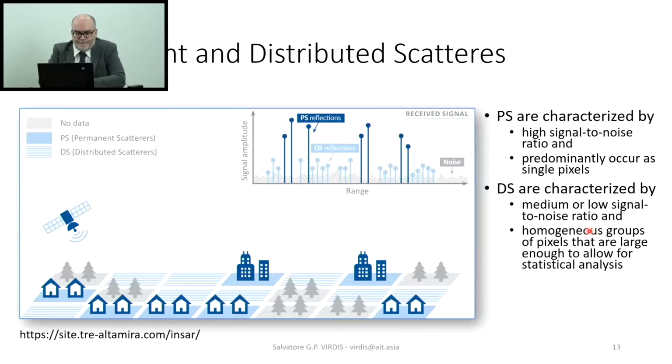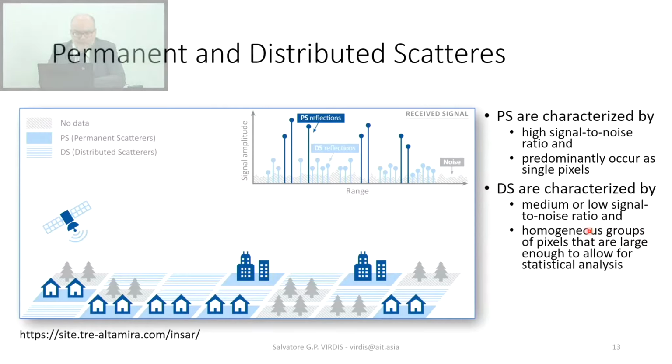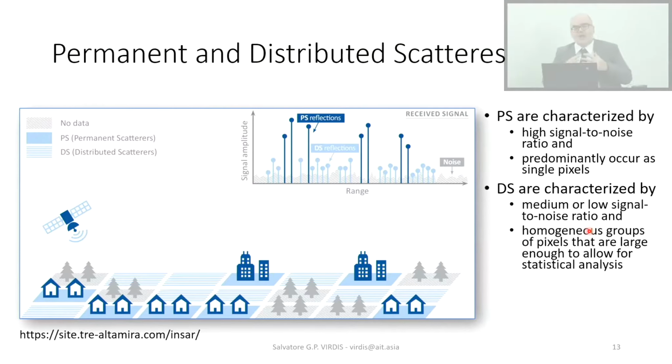So these techniques evolved in time. Before, the PSI technique worked well on persistent scatterers, then it evolved, and now we are able to select so-called distributed scatterers. Those are pixels that are not ideal PS scatterers.